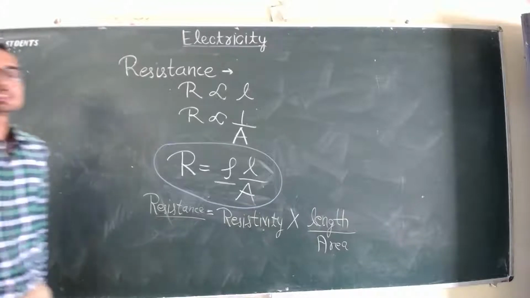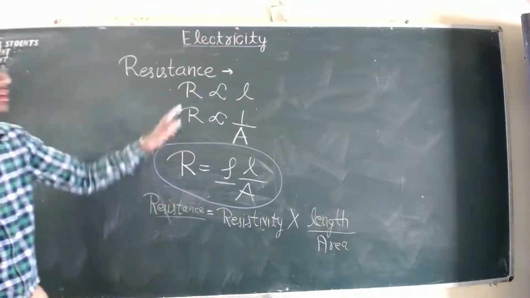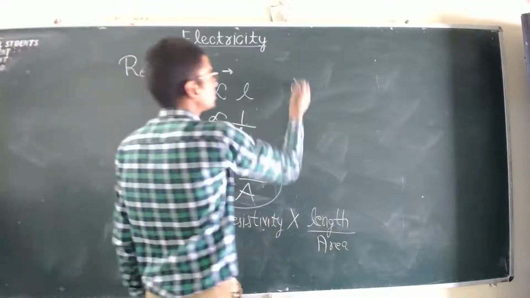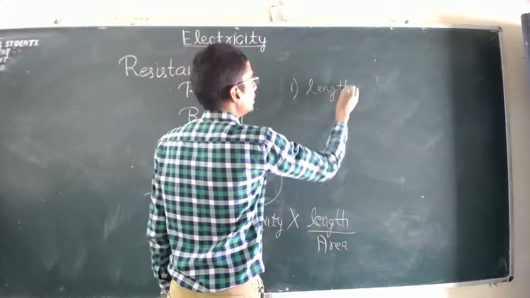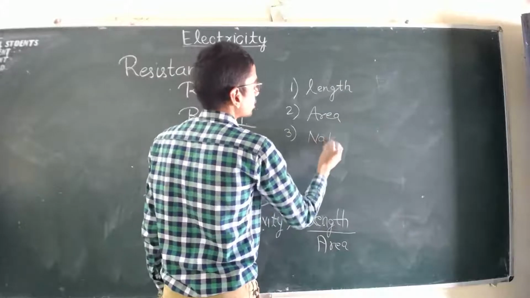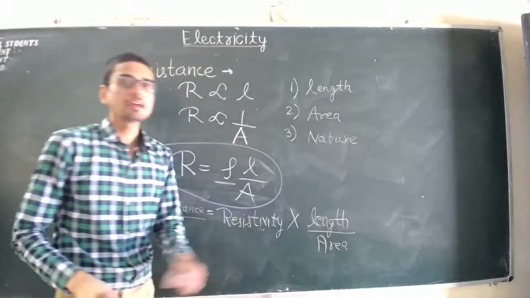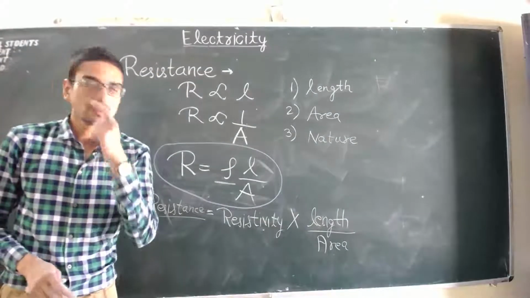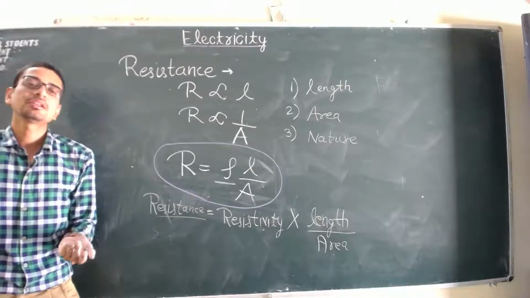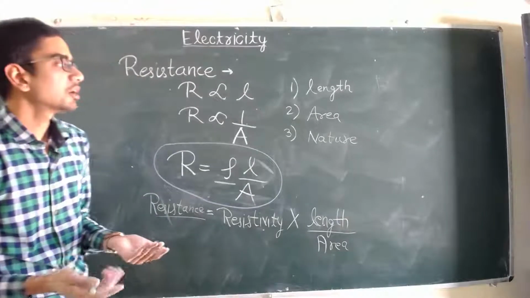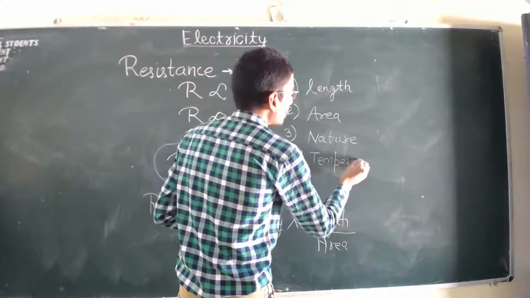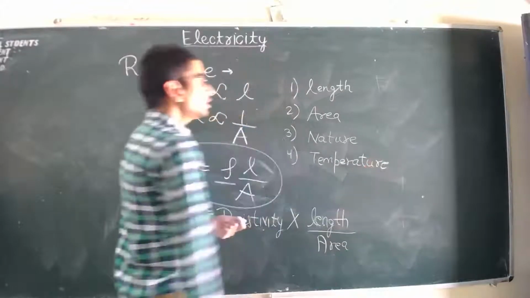So factors on which resistance depends. Resistance depends on length, area, and nature of the conductor. मतलब जो वायर है वो कॉपर का है, सिल्वर का है, किस मटेरियल का है, किस नेचर का है. कॉपर वायर का रेजिस्टेंस अलग होगा, एल्यूमिनियम वायर का रेजिस्टेंस अलग होगा, सिल्वर वायर का रेजिस्टेंस अलग होगा. तो दैट मींस नेचर. फोर्थ चीज होती है टेम्परेचर. अगर आप टेम्परेचर वेरी करोगे तो रेजिस्टेंस भी वेरी करेगा.